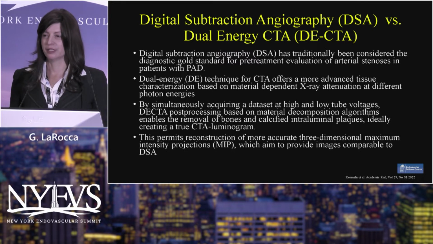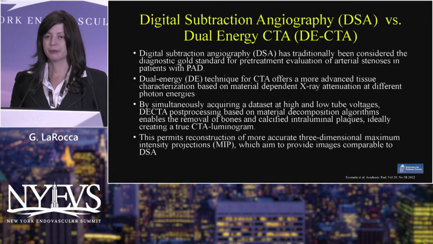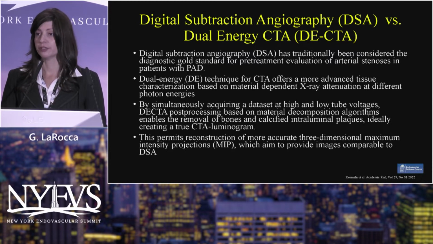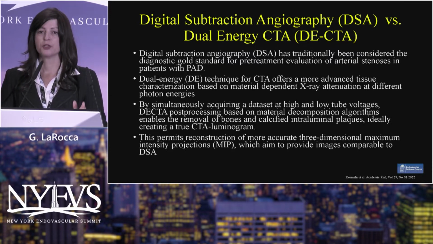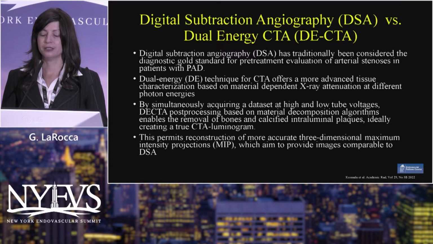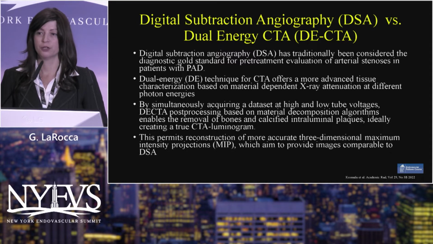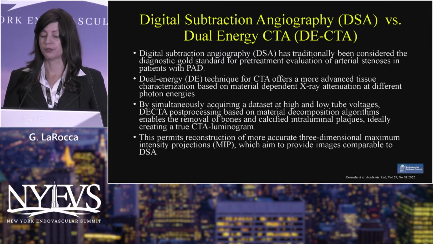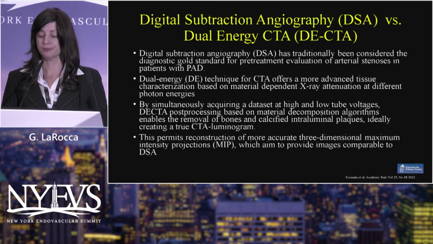By simultaneously acquiring different data sets at these low and high voltage tubes, we're able to post-process material based on these algorithms so that we could actually remove bone and calcification and give you a great CTA luminogram. So there would be no doubt if there's a significant stenosis in a large artery. This also permits reconstruction of three-dimensional maximum intensity projection, which actually gives you a little bit more information than the classic DSA, which we're using now.